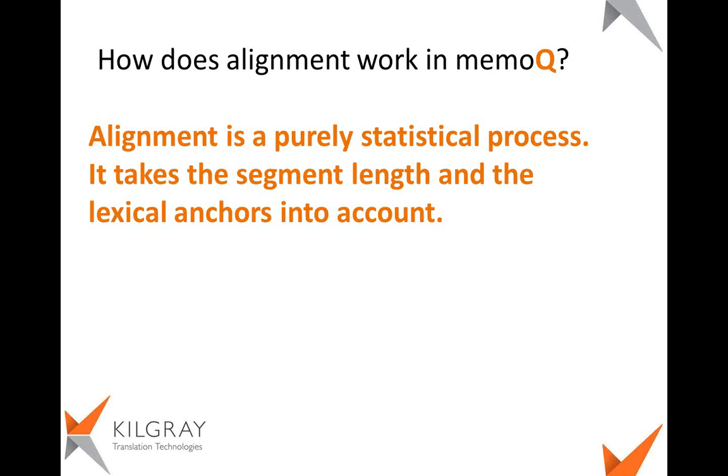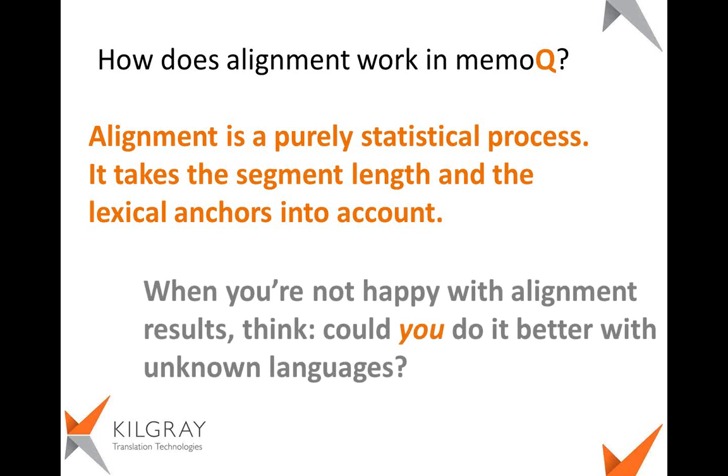It's the worst sort of computational number crunching, mostly based on the length of segments and the appearance of so-called anchors like, for instance, abbreviations, proper names, terms, numbers, whatever that the computer can distinguish. So it won't be correct, and there will be errors at times.